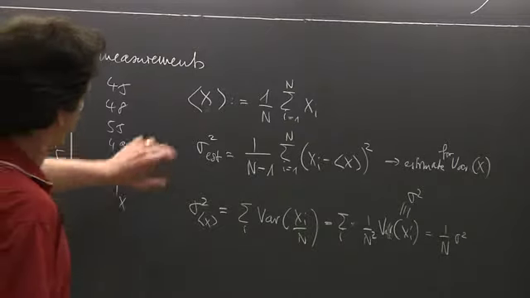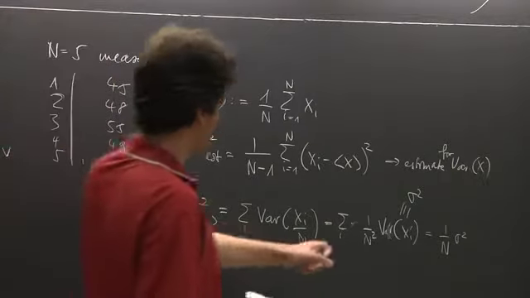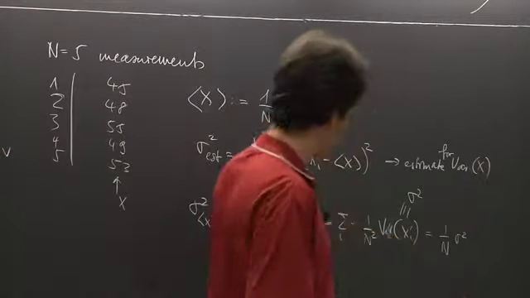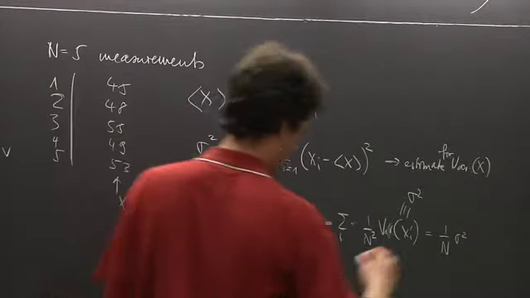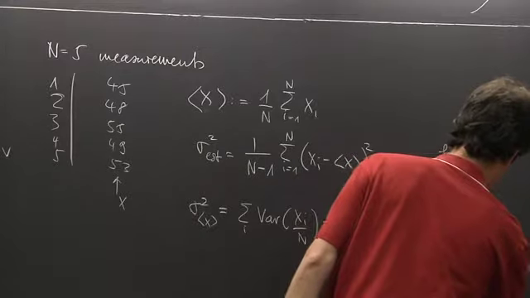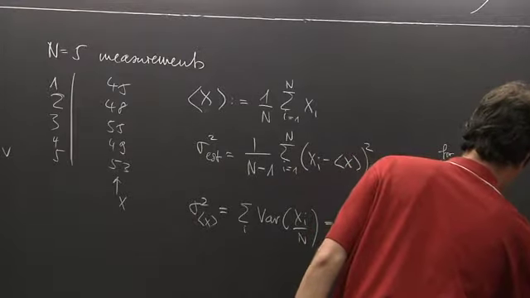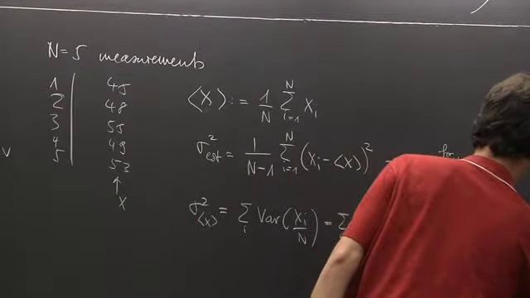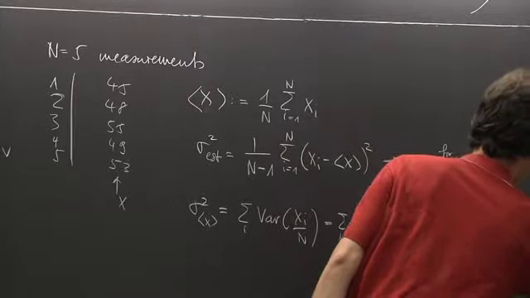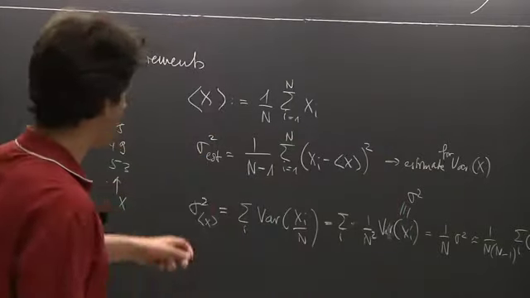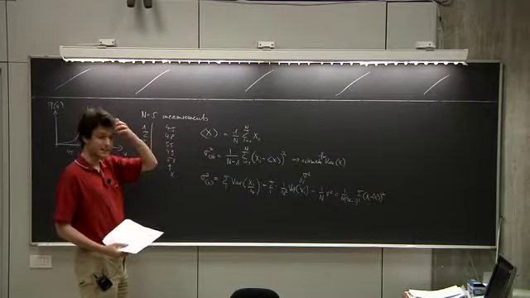Now from this calculation, you can estimate what the sigma squared is. And then you have a good estimate of the actual error that is associated with this estimate.